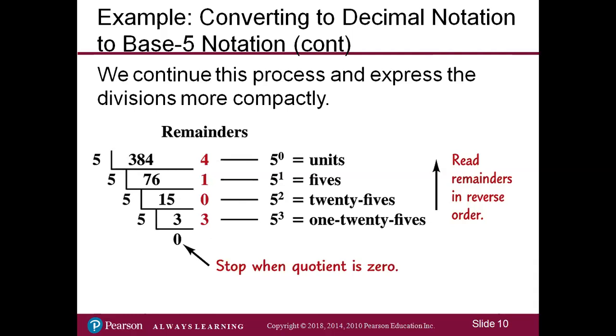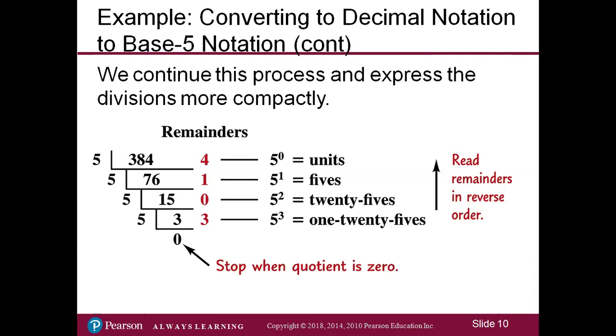Now your quotient 3 isn't a 0 yet. You have to stop when you hit the quotient 0. So 3 divided by 5 gives you a quotient of 0, because you can't get any groups of 5 out of a 3. So we have 0, remainder 3. Once we hit the 0 in the quotient, we stop because now we just hit zeros forever. Your last remainder is 3, and that goes in your 5 cubed location.